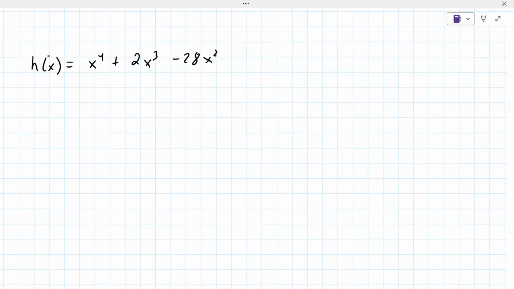All right, so here is a new function for you to look at. Can you tell me the degree of this one? 4. Degree is 4.